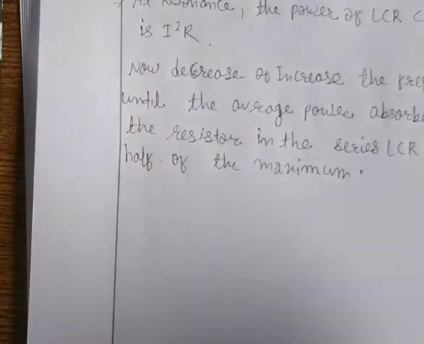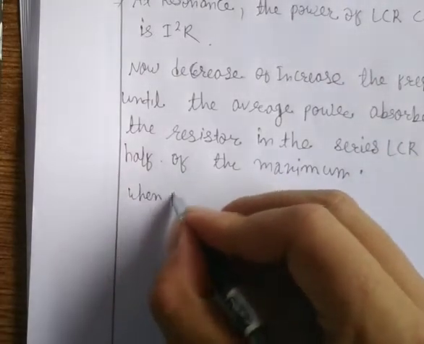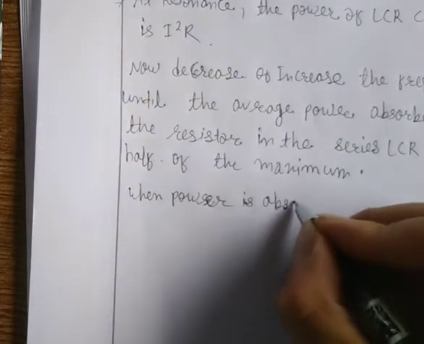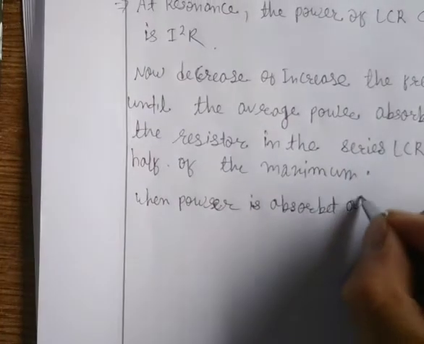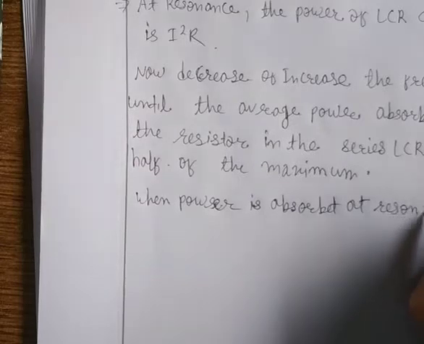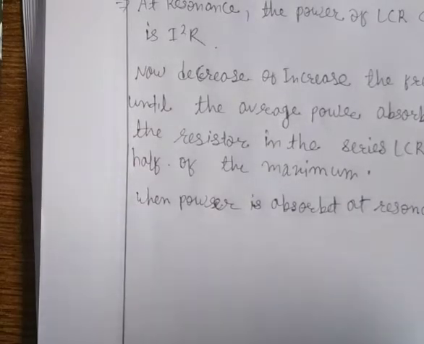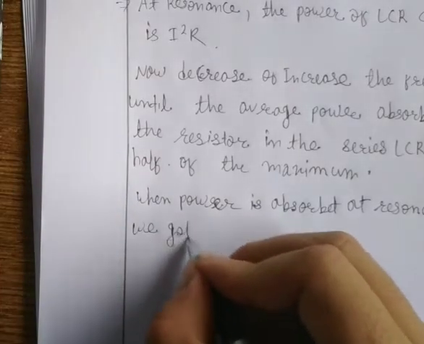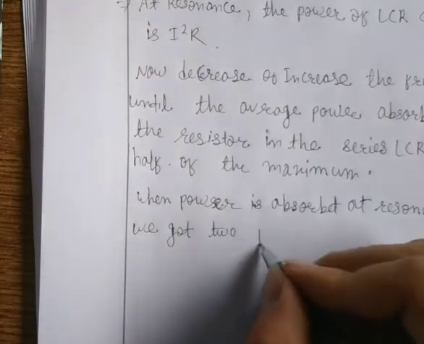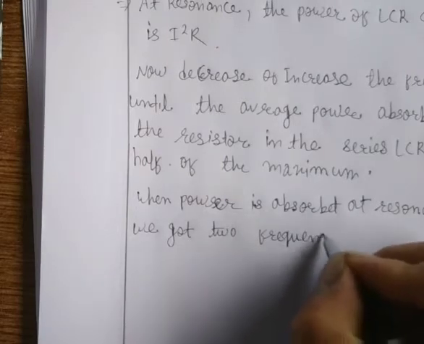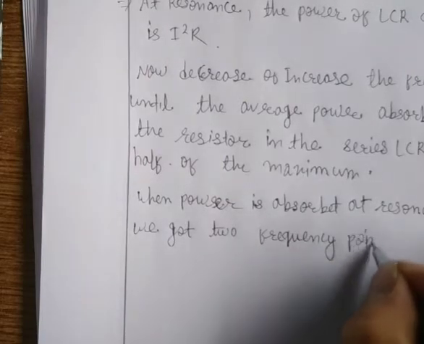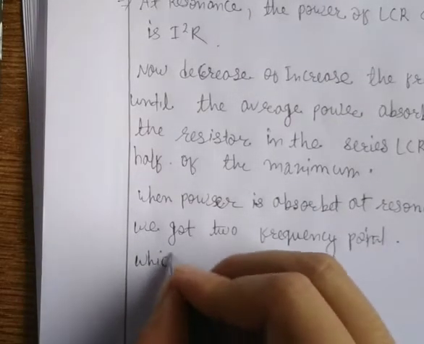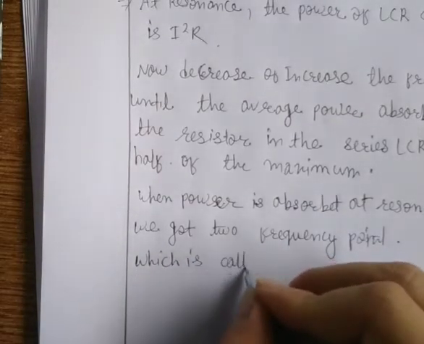When the power falls to half, we get two frequency points, called the half power points.